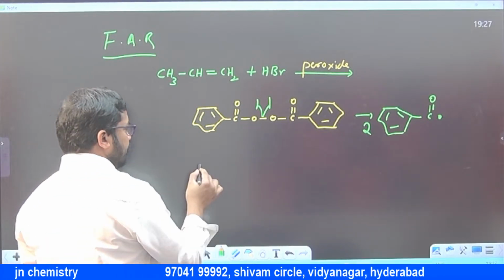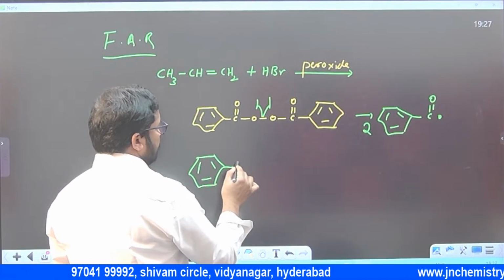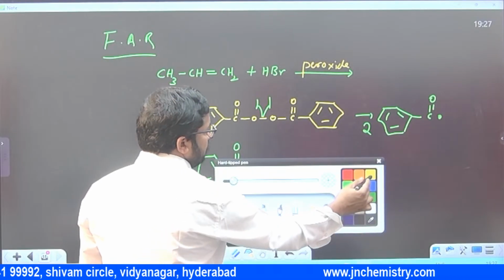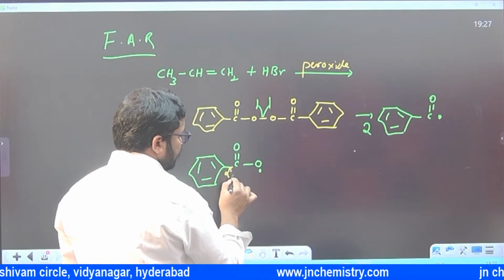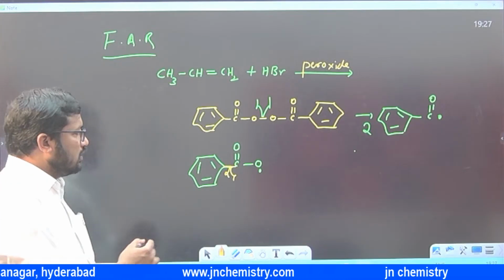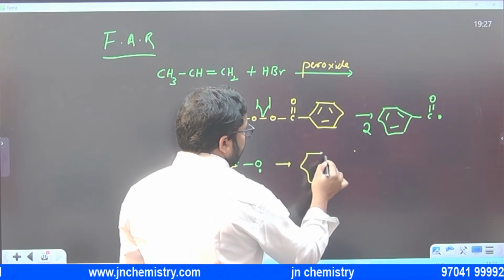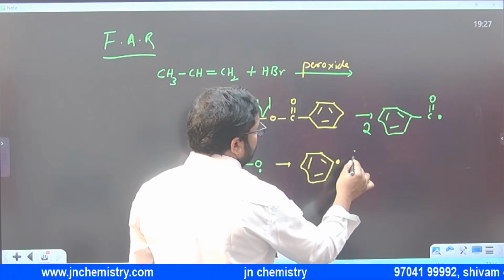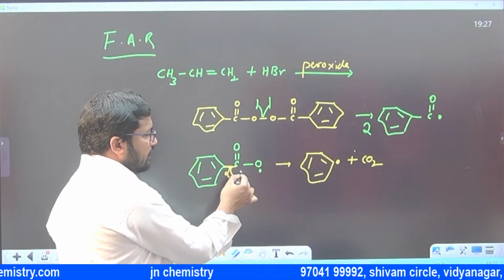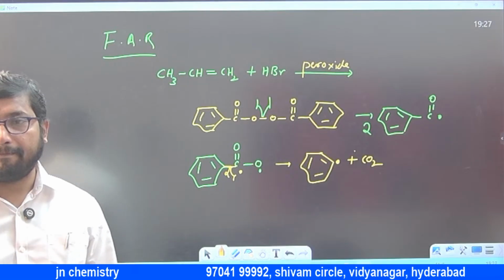In the second step, the C double bond O radical undergoes homolytic cleavage once again between carbon and the phenyl. So we get the phenyl radical plus CO2, forming carbon dioxide.